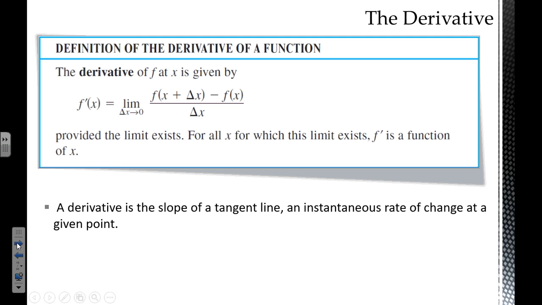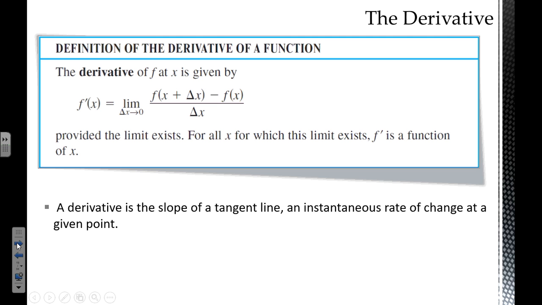Now, that can make you frustrated or happy, either way. But the work that we are going to do today, you've done it before. You've taken that limit before with various functions. That's really all I'm going to ask you to do today. It just now has a different meaning.